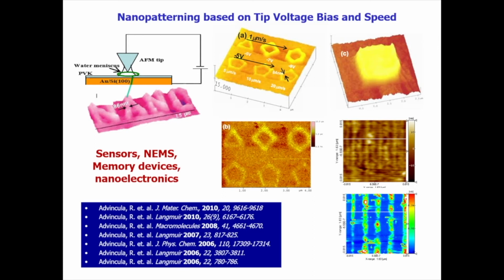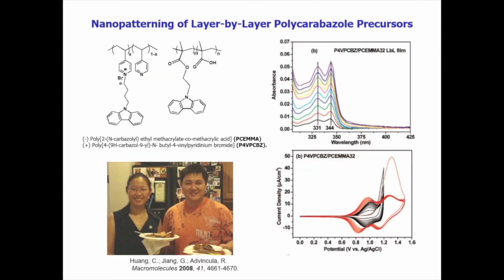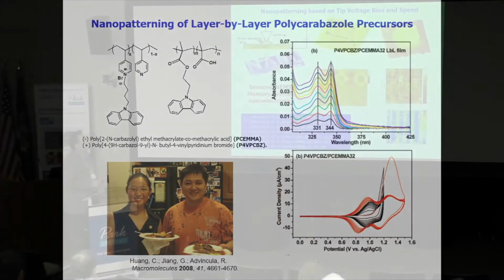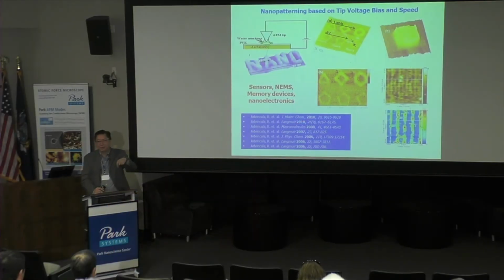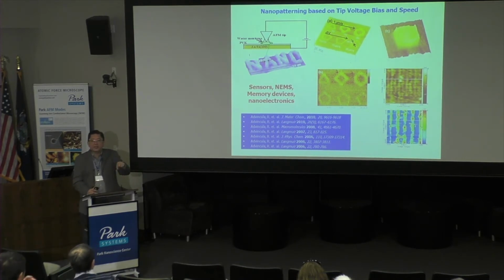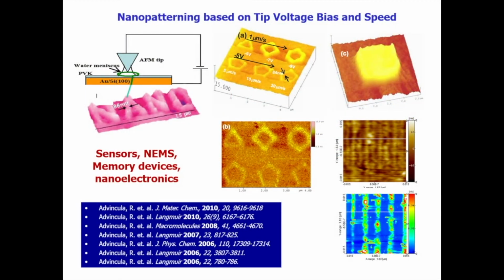You apply a bias voltage, using materials like this or PVK, and we can start writing. As you write, you're polymerizing and at the same time joule heating. You're producing heat, so because of the glass transition of the polymer, it produces a feature, and at the same time it cross-links. It forms a thermoset.